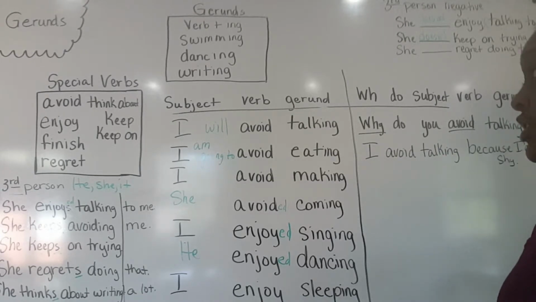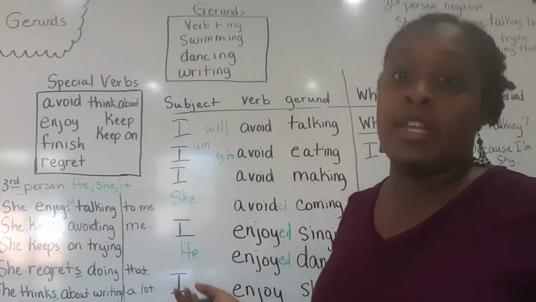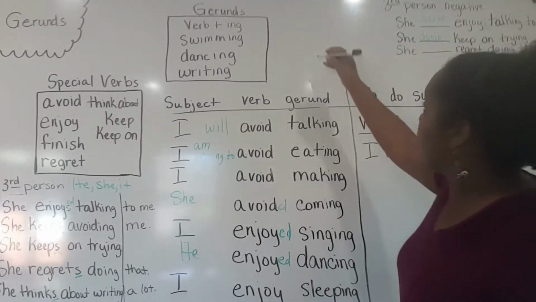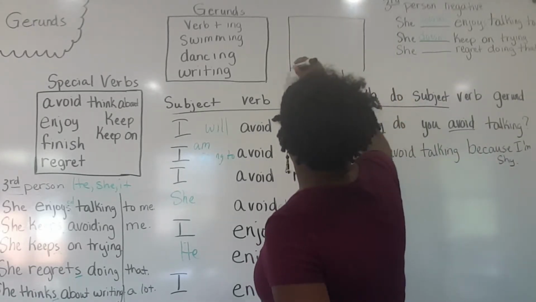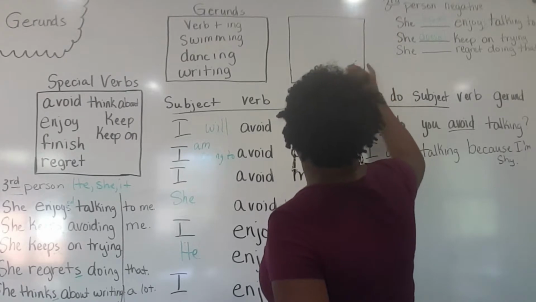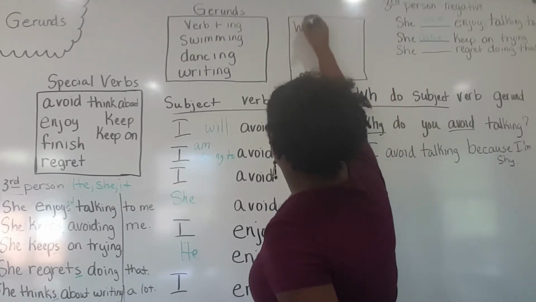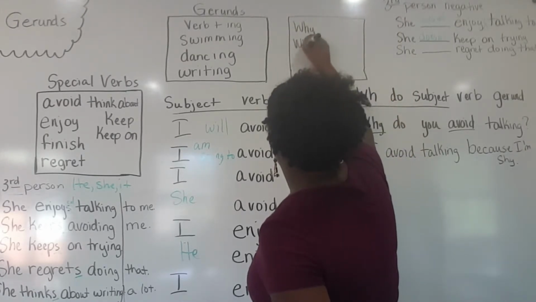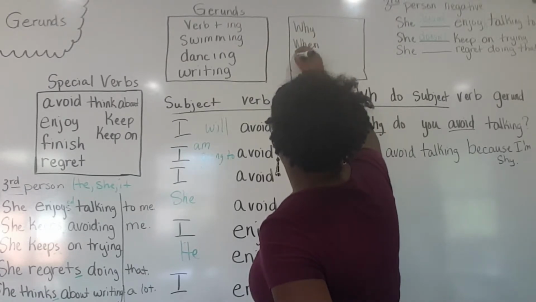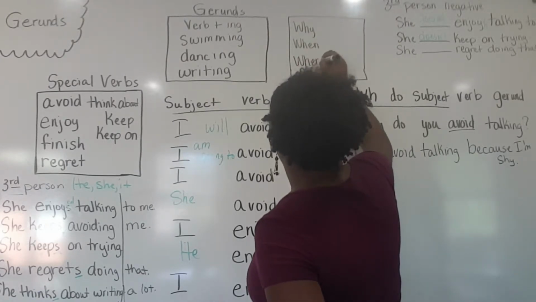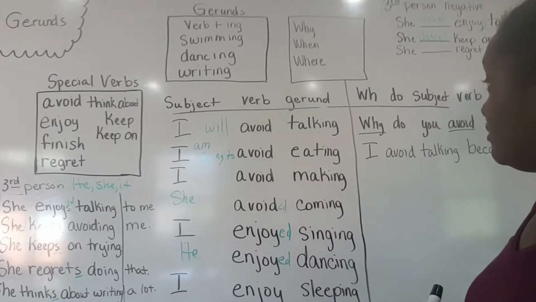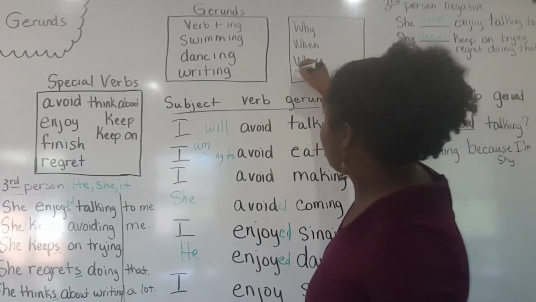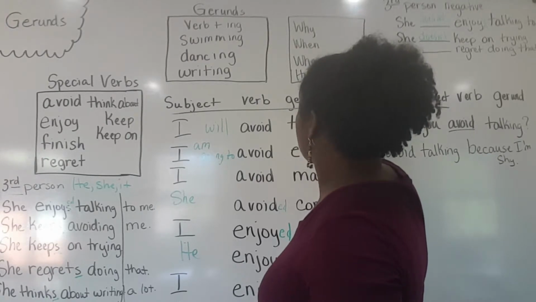You can ask these questions with any WH question words. You can use why. Your question words are, let's see if we remember them. WH question words: why, when, where, how, and it's how often and how much.